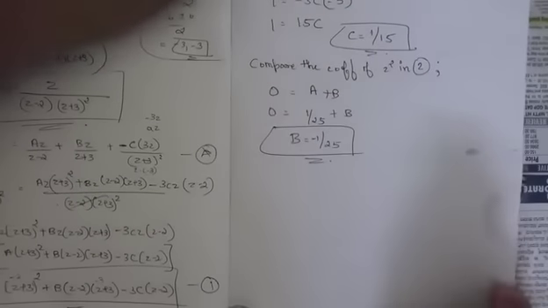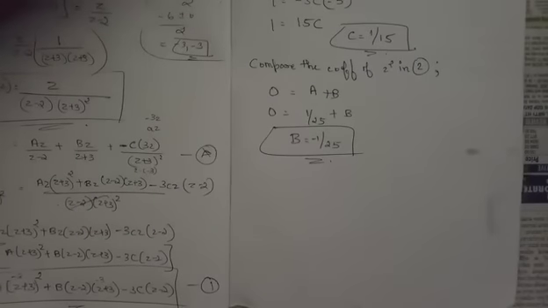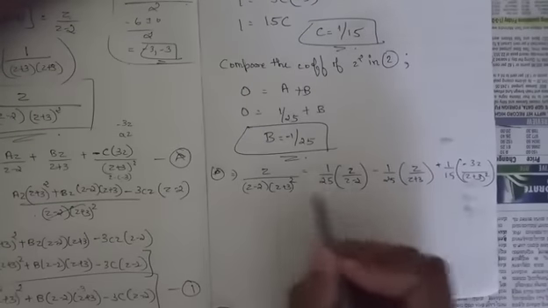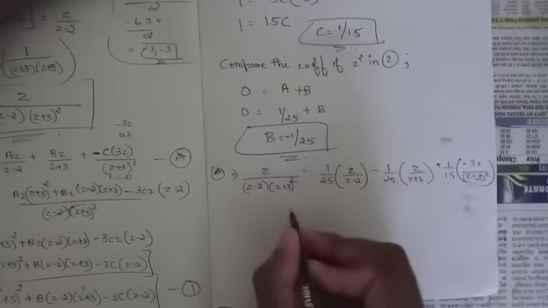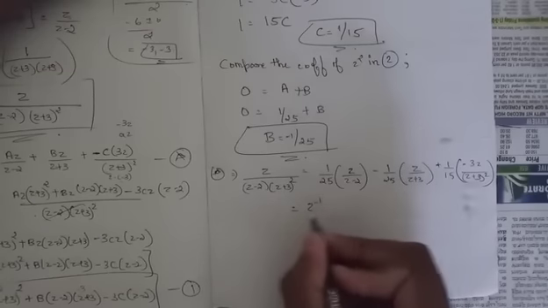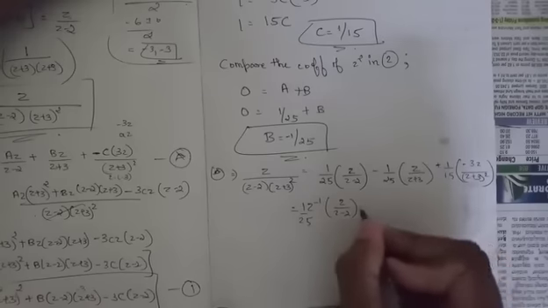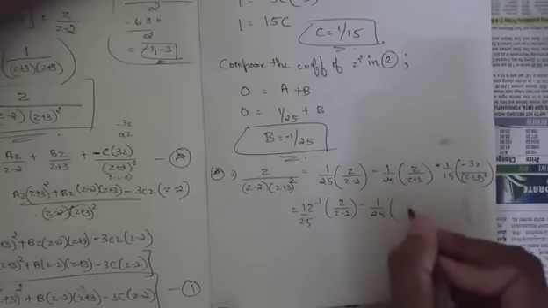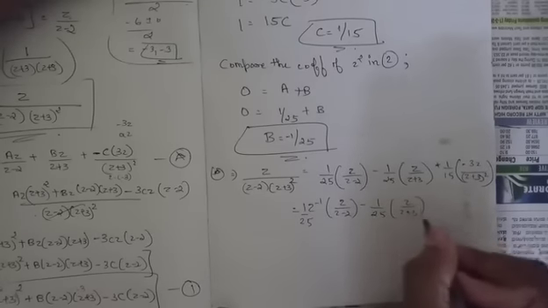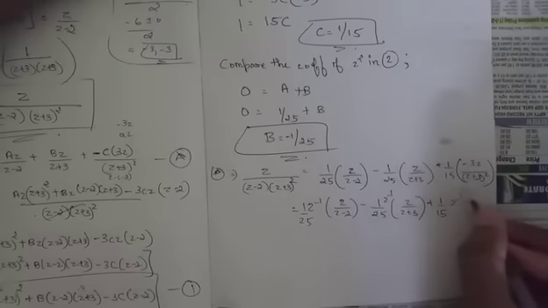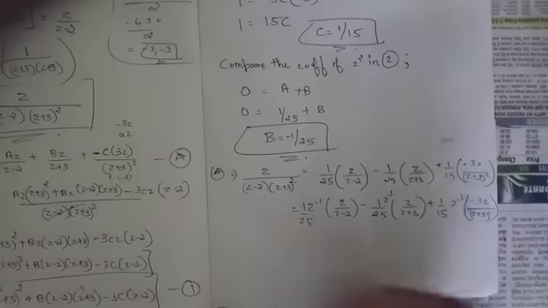Now again the same thing we need to substitute in equation star. I have substituted the value of a, b and c. So apply the inverse Z transform: 1 by 25 Z inverse of z by z minus 2, minus 1 by 25 Z inverse of z by z plus 3, plus 1 by 15 Z inverse of minus 3z by z plus 3 whole square.